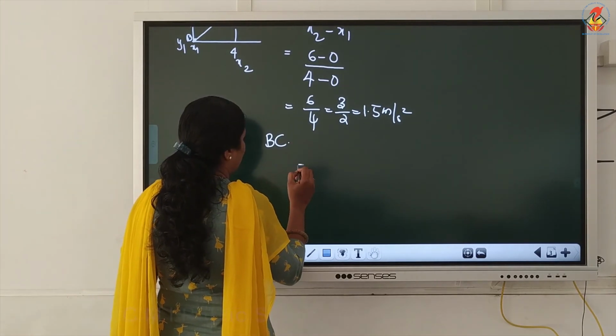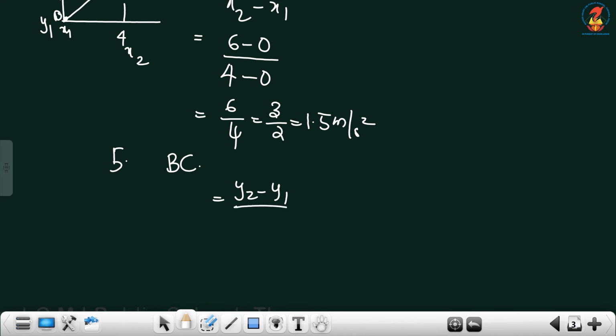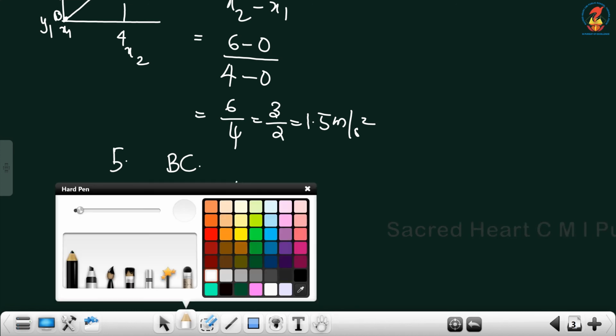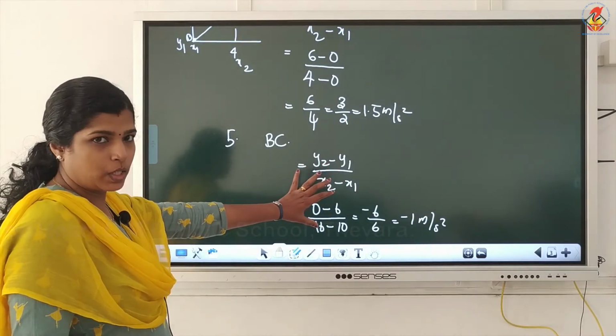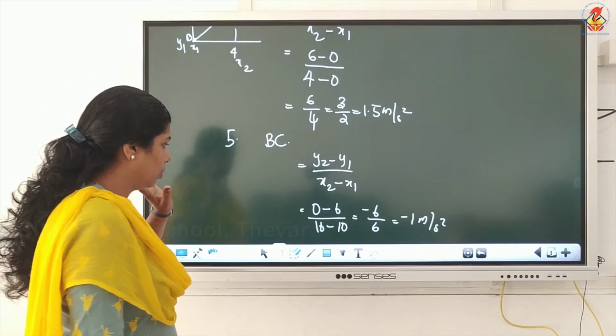Retardation is y2 minus y1 by x2 minus x1, that is equal to 0 minus 6 divided by 16 minus 10, that is equal to minus 6 by 6, that is minus 1 meter per second square. This one is not asked in the question. Just from that slope you can find the retarded motion.